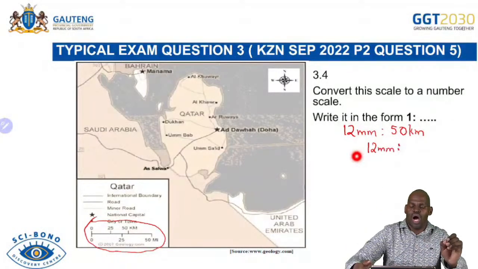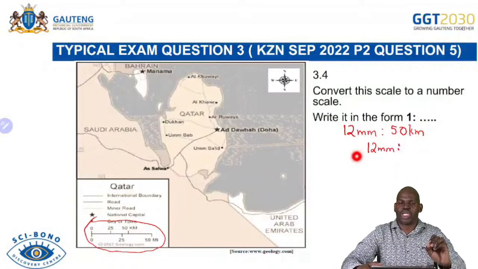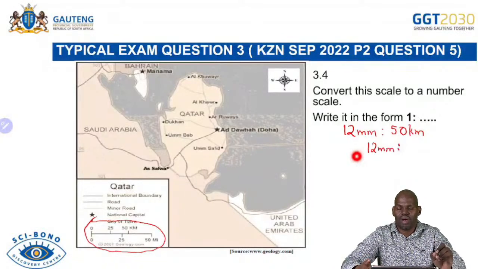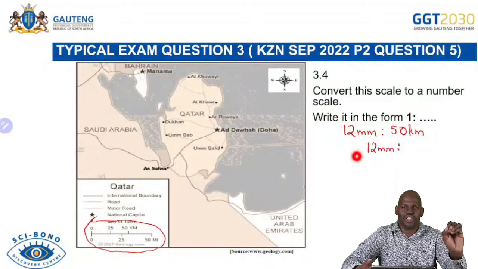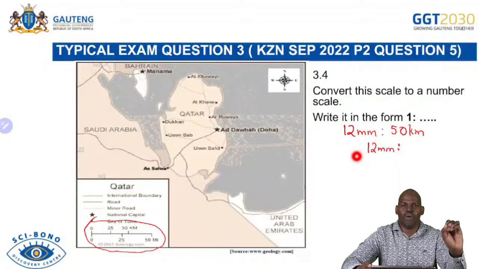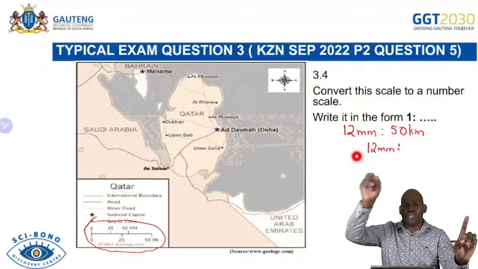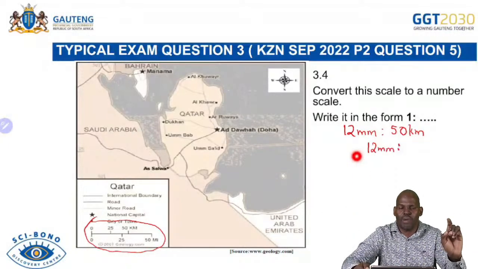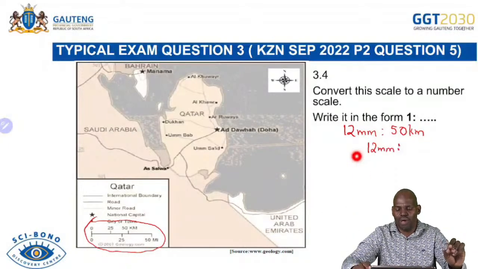is to, how do we convert from kilometer to millimeter? Okay, you need to know your conversion table. If we want to convert from kilometers to millimeters, we need to multiply by 1 million.